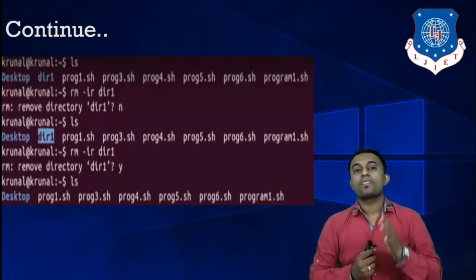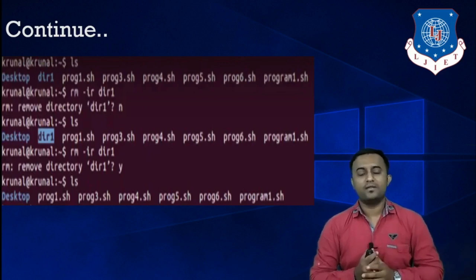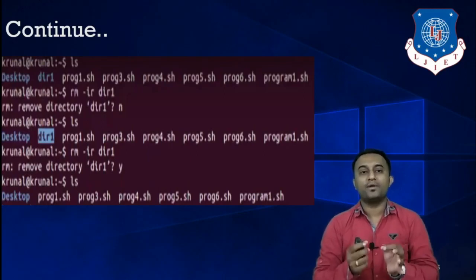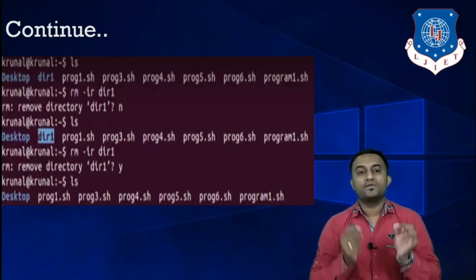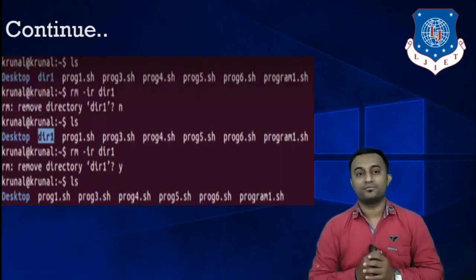With rm -r, the directory is removed recursively, even though it is not empty. But if I am removing a directory, first it should ask me for confirmation whether I really want to remove it or not.